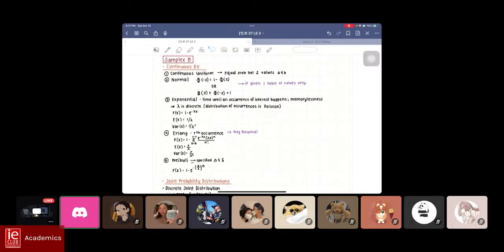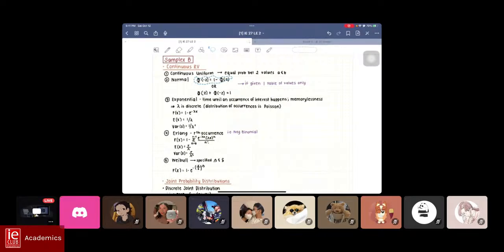So for continuous uniform, usually it's indicated naman na there's an equal probability between two values, so that's A and B. And then for normal, it's also indicated that the problem follows a normal distribution. And then to get the Z value, usually you get it lang from the Z table.